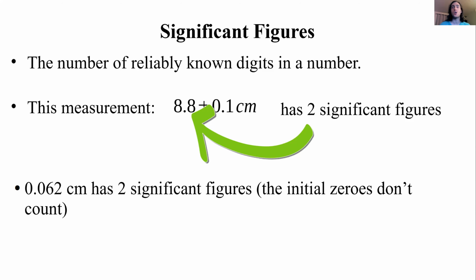The initial zeros don't count because we could have used, for example, this measurement here could be kilometers, right? And so we used a meter stick to measure 62. Back up a second.